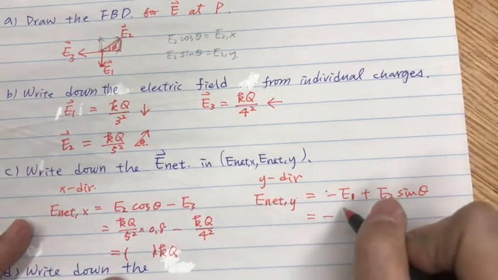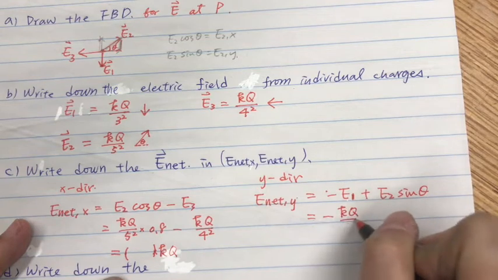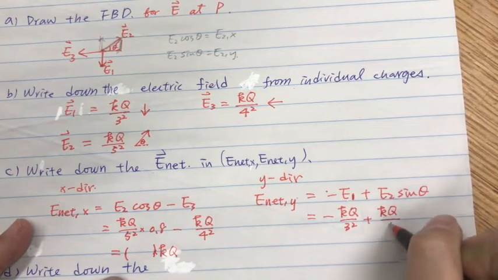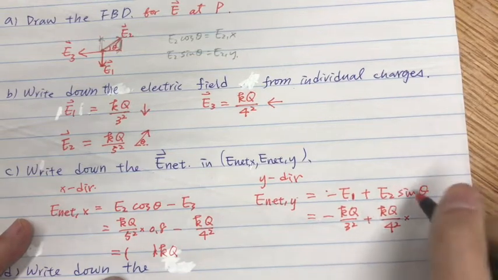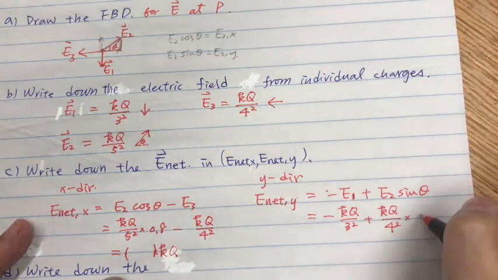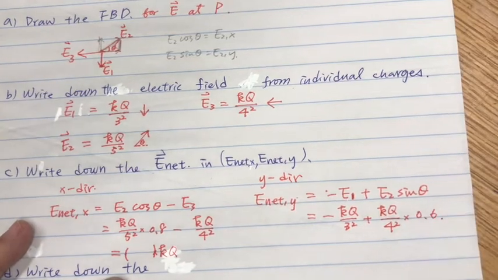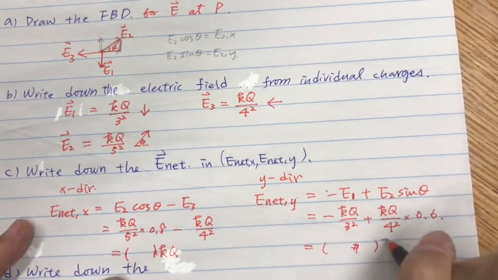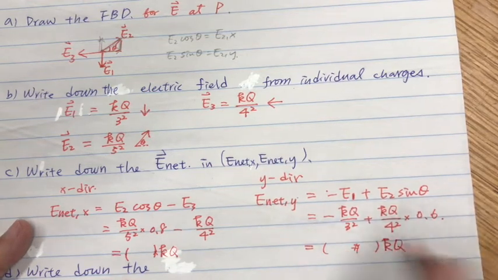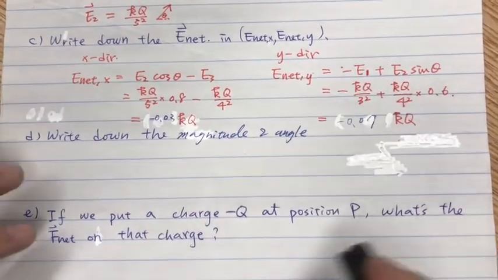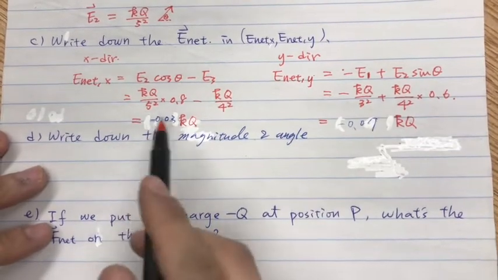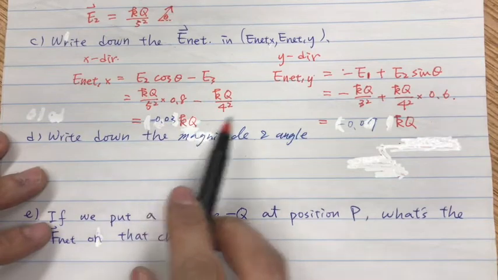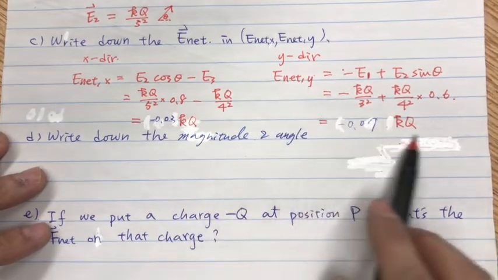Now E1 is KQ over 3 squared plus KQ over 4 squared times sine theta. So sine theta is 0.6. And then you can simplify this with the number and KQ. I'm gonna leave this. If you work out the math, put everything in the calculator, you will get the x component of the net electric field like this, and the y component is this.